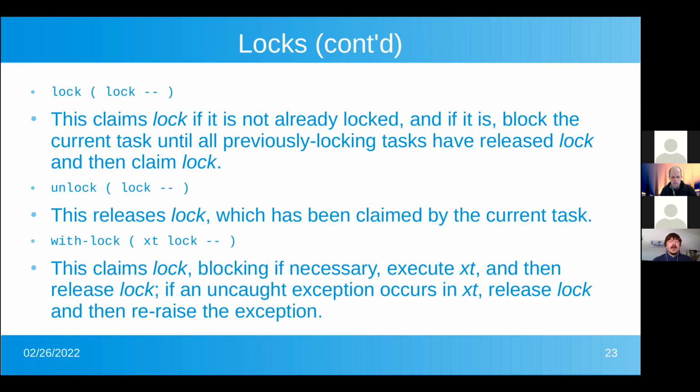So if you have an exception occurring within your execution token that's called, it will unlock the lock regardless. Whereas if you use lock and unlock manually, unless you take care to unlock it if an exception occurs, you'll leave your lock locked, and it's generally undesirable.